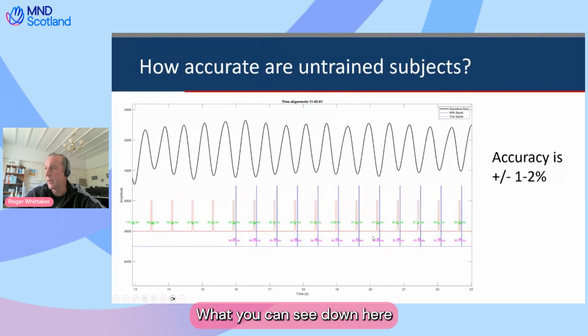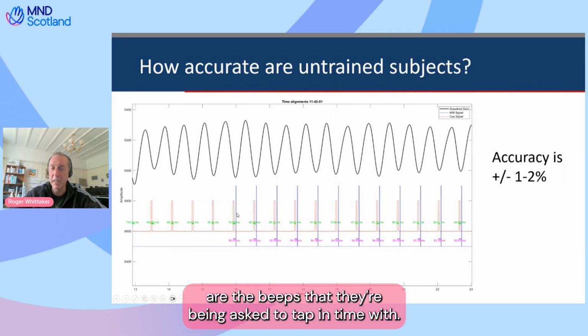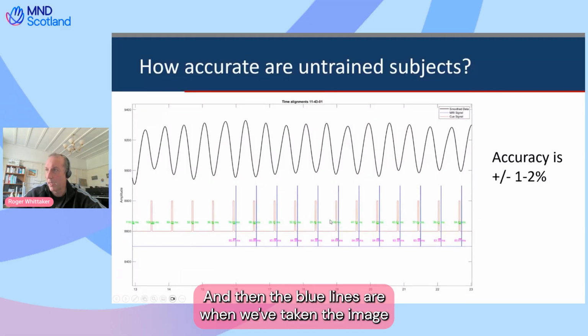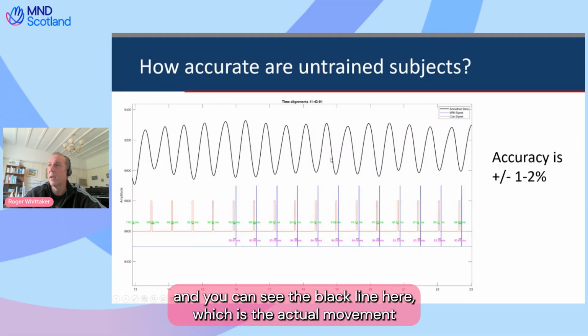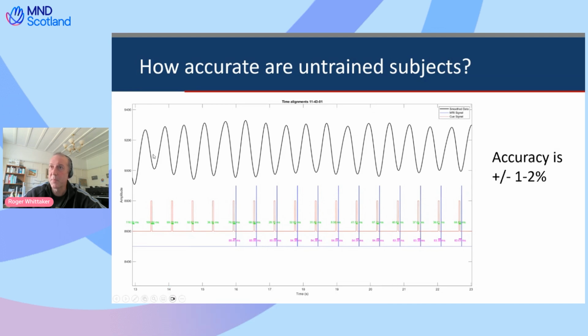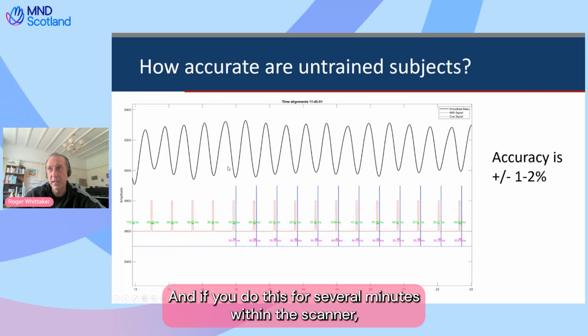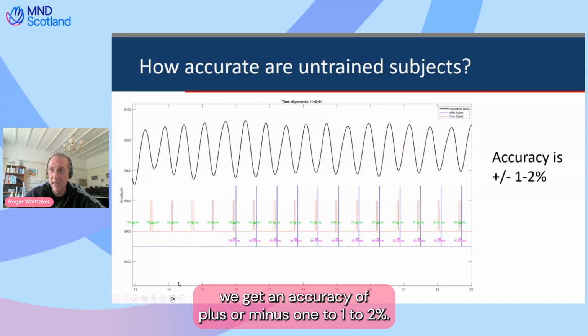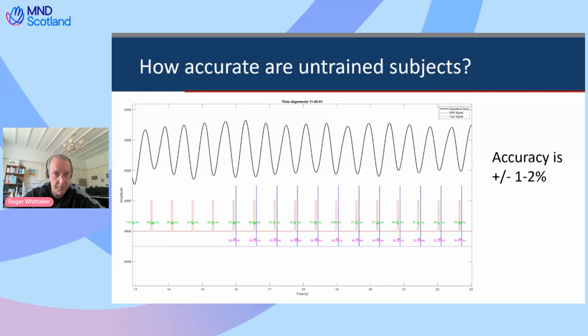What you can see down here in orange are the beeps that they're being asked to tap in time with. And then the blue lines are when we've taken the image. And you can see the black line here, which is the actual movement, is extremely consistent. And if you do this for several minutes within the scanner, we get an accuracy of plus or minus 1 to 2%.